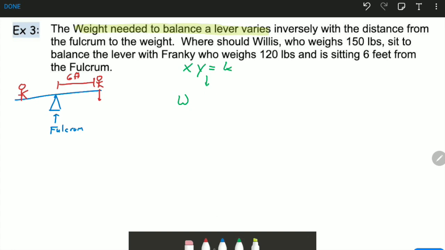And since it says inversely, that's how I know to use this xy equals k format. But instead of x and y, I'm going to use w and, well, the other variable would be dealing with distance from the fulcrum to the weight. So since it's distance, I'm going to use d. And then k is the constant of variation, and in variation problems, k is just going to be k. So here we have a modified equation, which makes it a little easier to figure out where to plug stuff in.